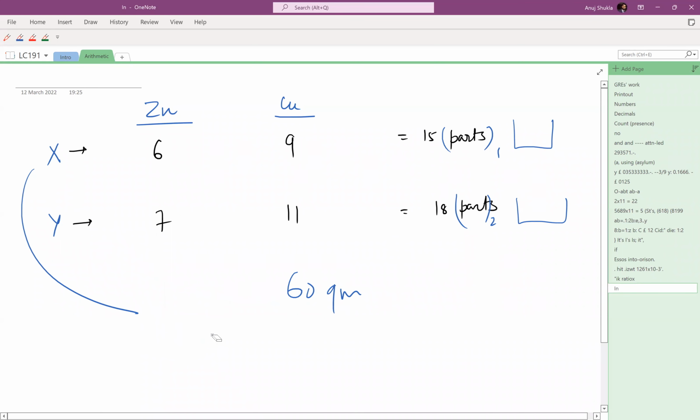Now this is not equal. These are 15 parts in the first one and the second one is 18 parts, and they are not equal.